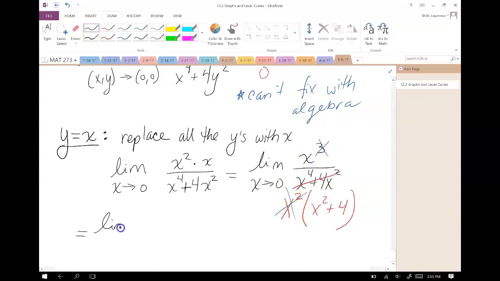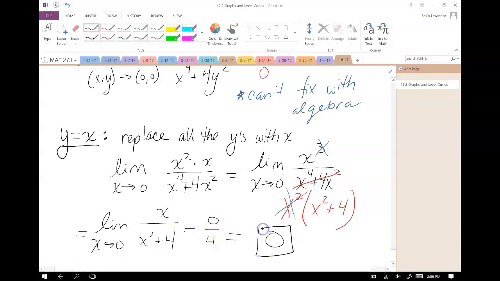And now it's the limit as x approaches 0 of x over x squared plus 4. And this is not indeterminate anymore. Direct substitution gives me 0 over 4, which is 0. So along the y equals x path, it's approaching 0.